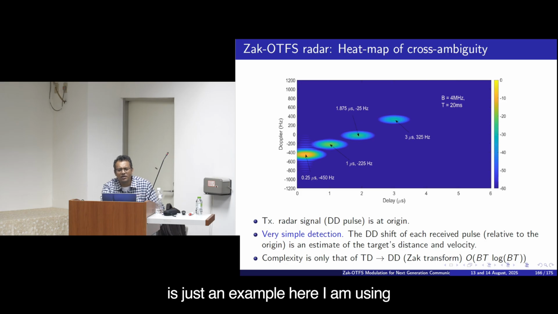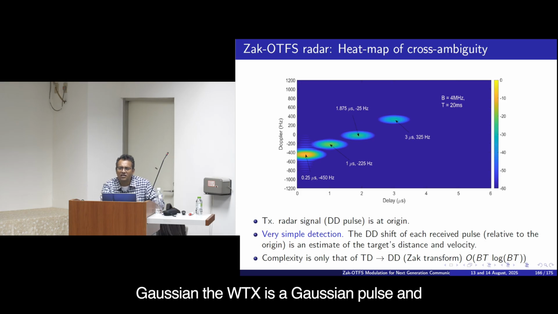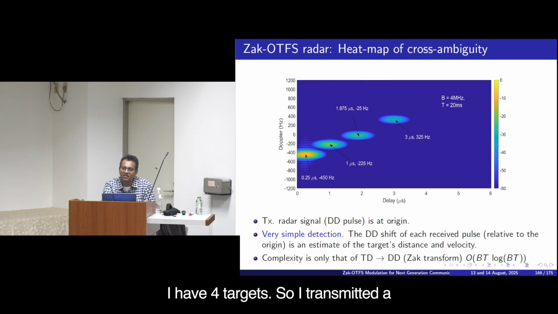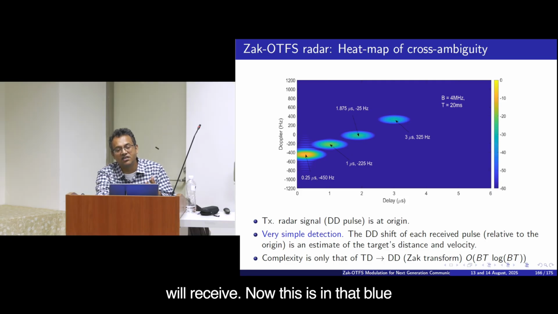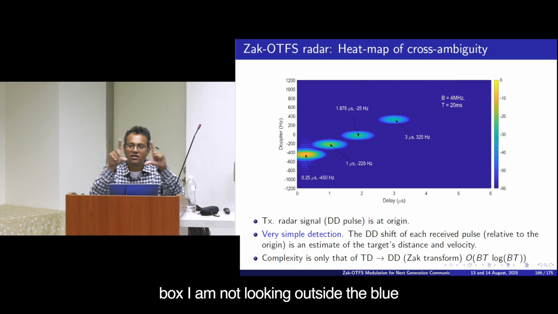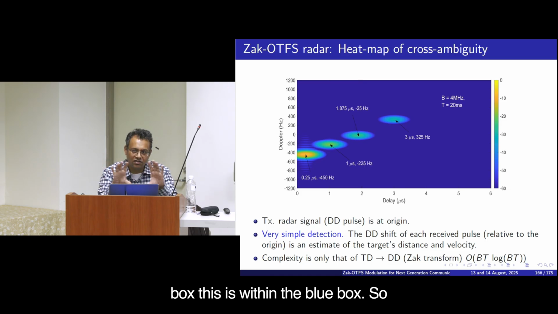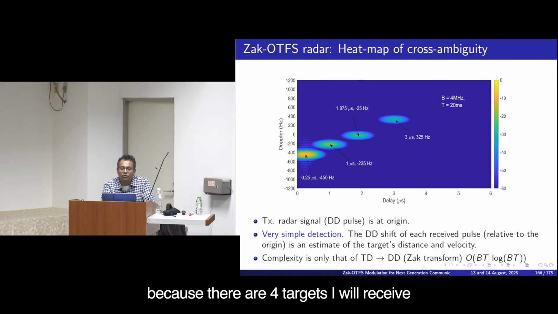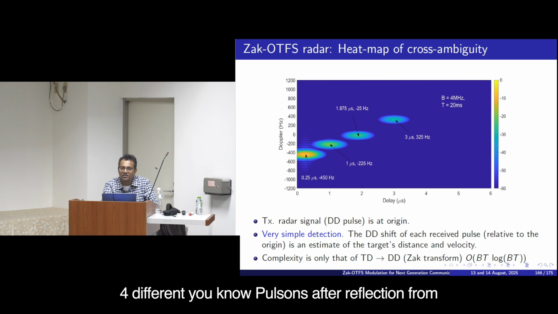This is just an example. Here I am using a Gaussian, the WTX is a Gaussian pulse, and I have 4 targets. I transmitted a pulson at 0 0, which is at this point. Because there were 4 targets, I will receive 4 different pulsons after reflection from them.